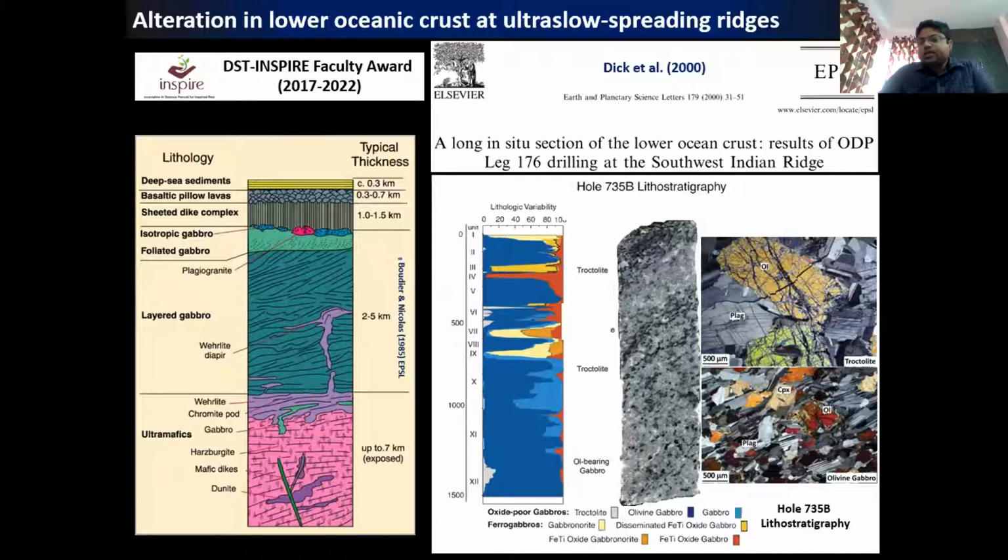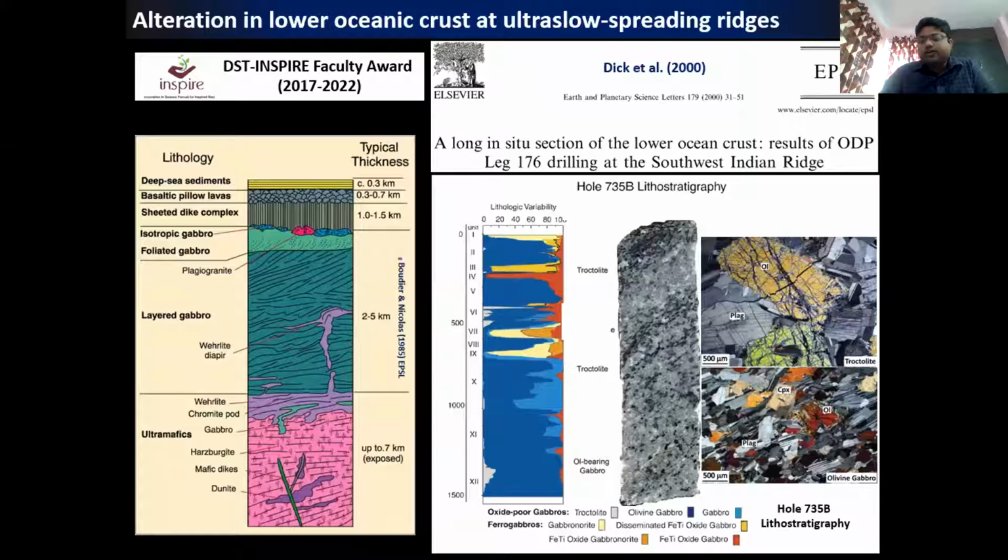Now, the most interesting part here is that when they did the lithostratigraphy of this ultra-slow spreading ridge oceanic lithosphere section, they found that the lower crustal section in the ultra-slow spreading ridge is composed of olivine-bearing gabbro and troctolite.